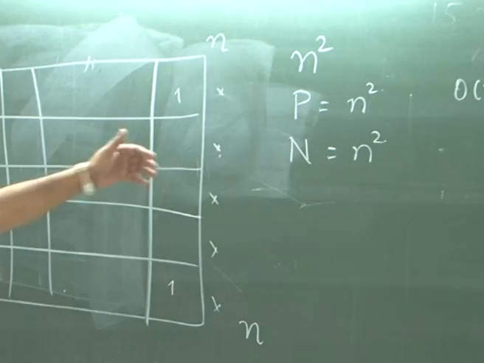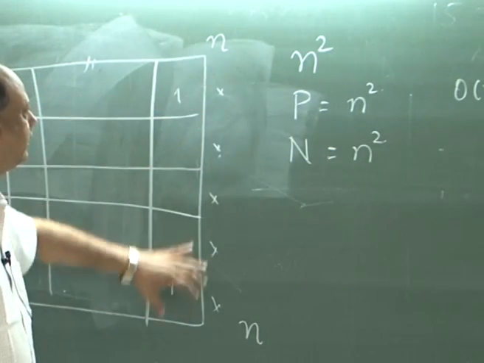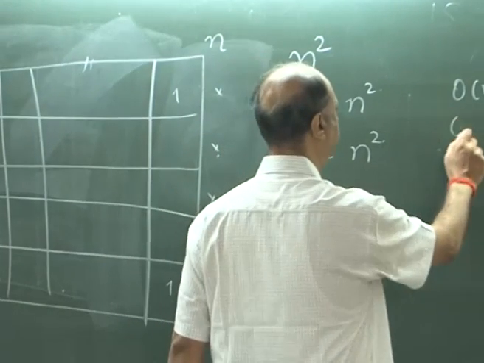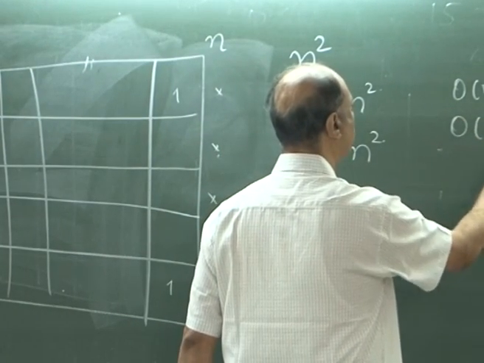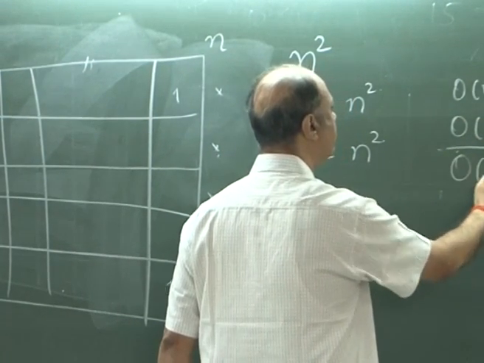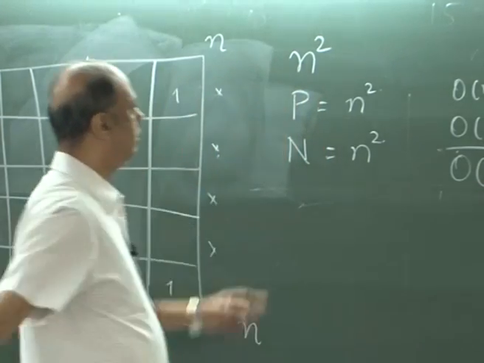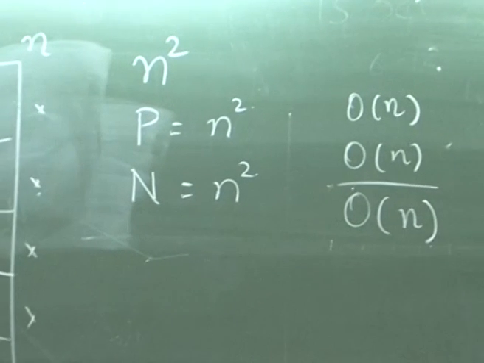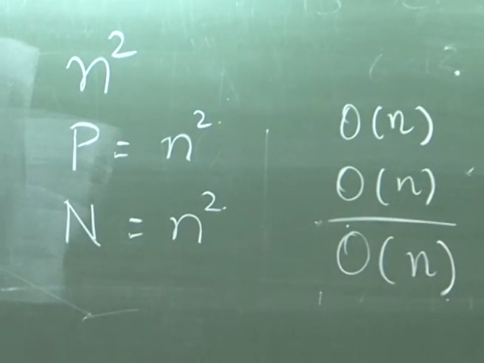Again I will add these, assuming that this is a linear array, and combine them. This can also be done in order n time. So the total time becomes order n using n square processors to find the sum of n square elements.